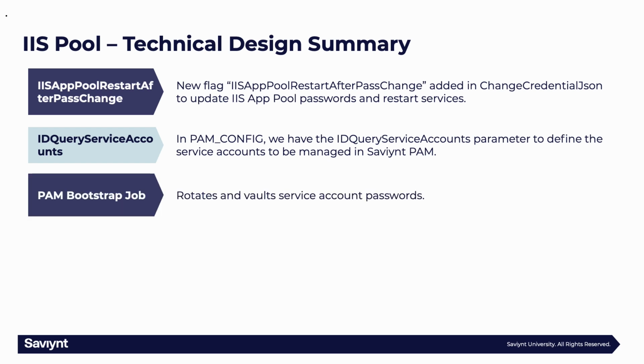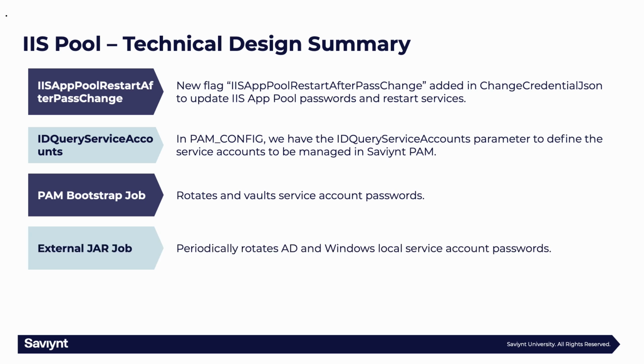PAM Bootstrap Job periodically rotates and securely vaults service account passwords for both Windows local and Active Directory accounts. It automatically propagates updated Windows local account passwords to all dependent services, including IIS application pools, eliminating manual intervention and reducing operational risk.